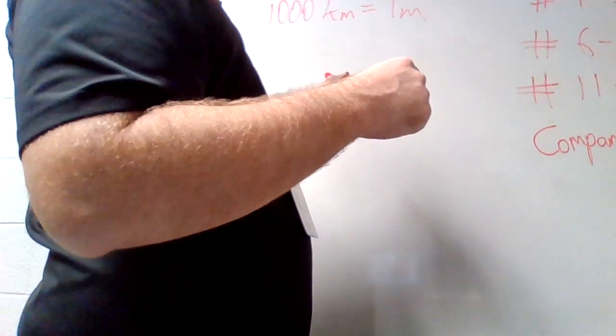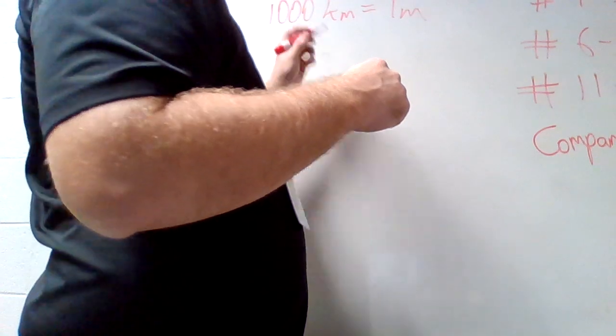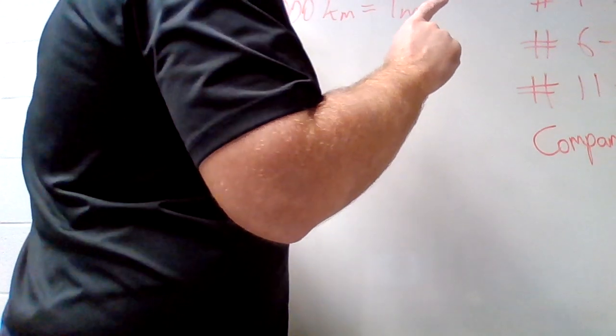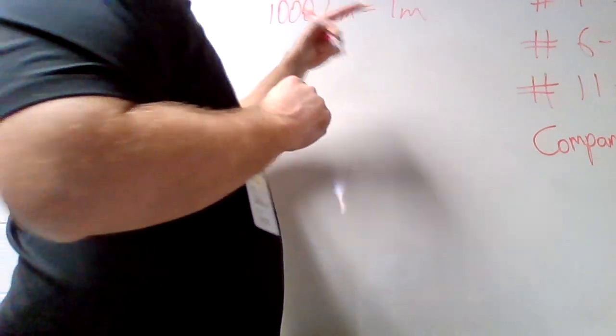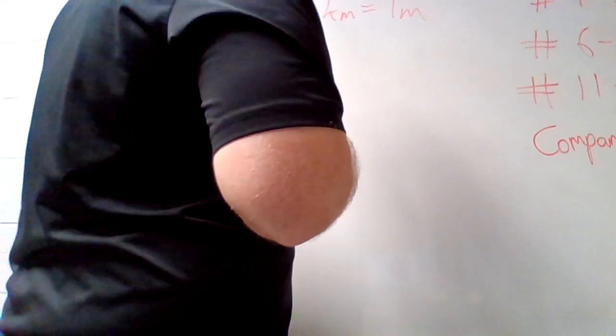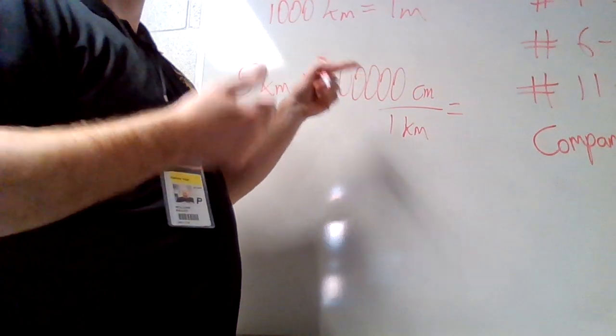If you go from a big thing to a small thing, your number should get bigger. So you're going to multiply by 100,000 to go from kilometers to centimeters. So if I have 5 kilometers, I multiply by 100,000 centimeters per 1 kilometer, and what I get is 500,000 centimeters.